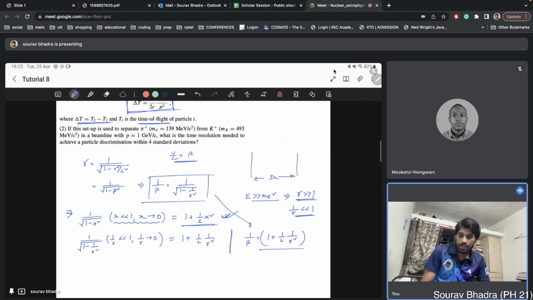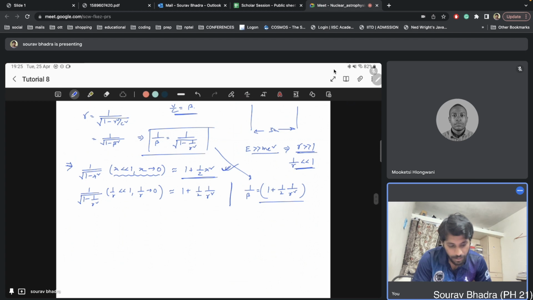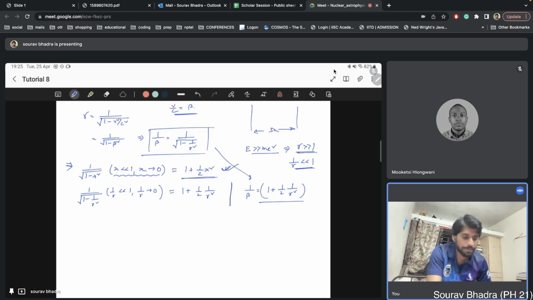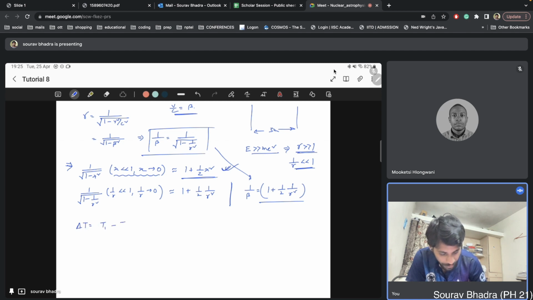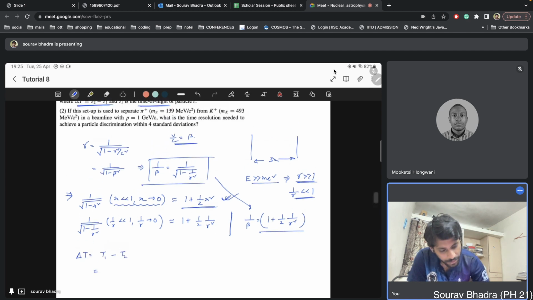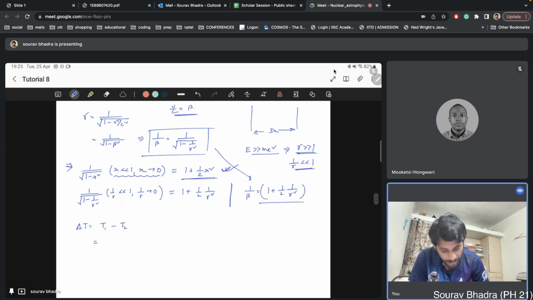Now the second part is very easy. We have already established that 1 by beta is 1 plus half into 1 by gamma square. Now the difference between them, the flight time, is t1 minus t2. The length given is 3 meters, so L divided by the velocity of the first particle, v1, and L divided by the velocity of the second particle, v2, will give the times.